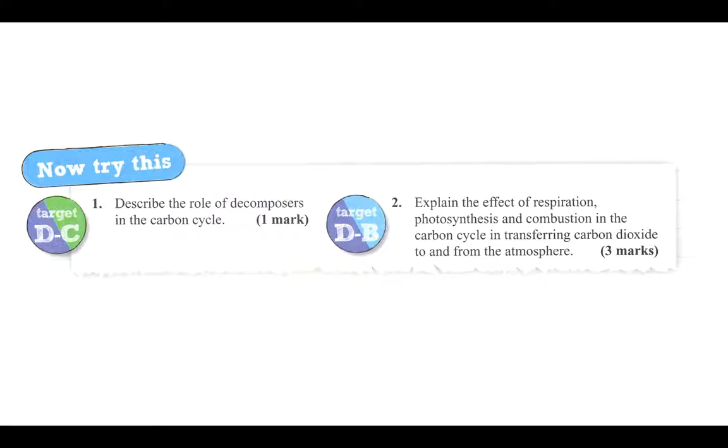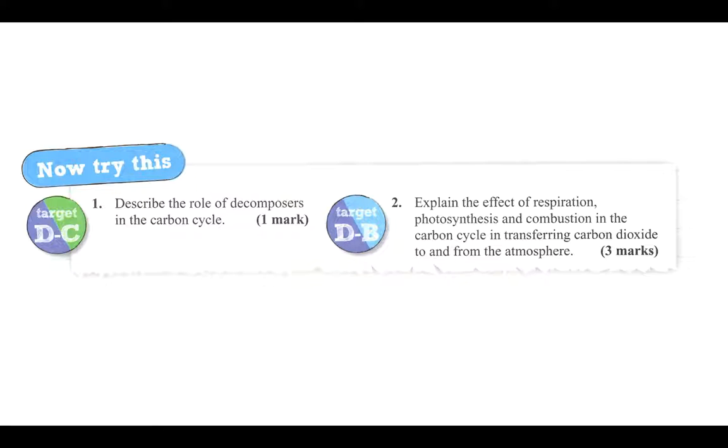So combustion is when we burn something to release the carbon from it as carbon dioxide. So 1 mark for saying respiration releases carbon dioxide. Second mark for saying photosynthesis takes in carbon dioxide from the air. And third mark for saying combustion, the burning of things, releases carbon dioxide into the air.